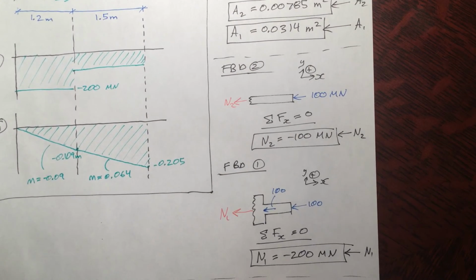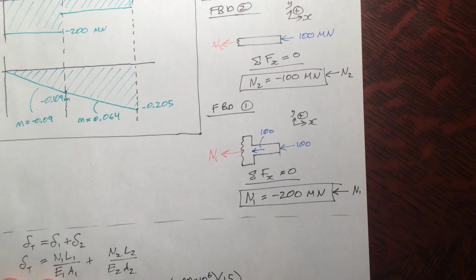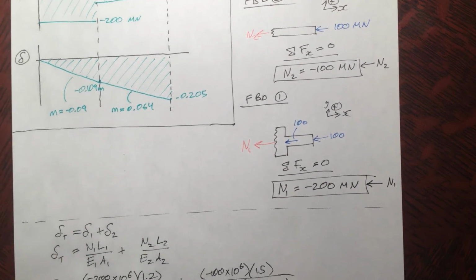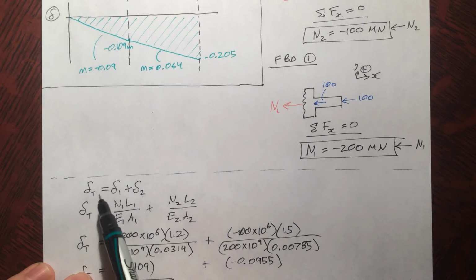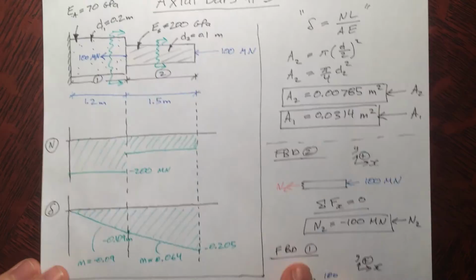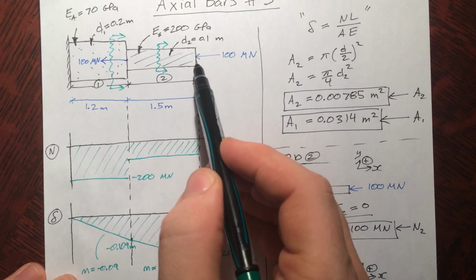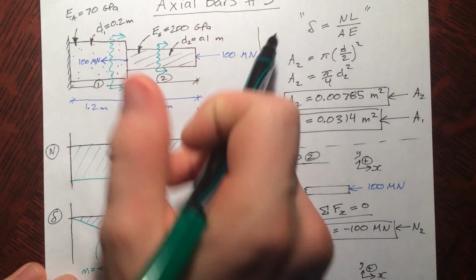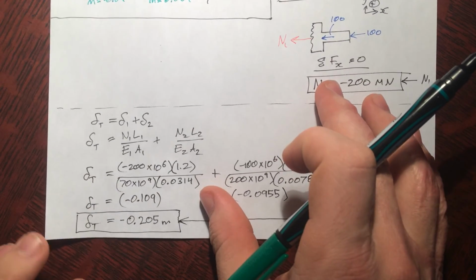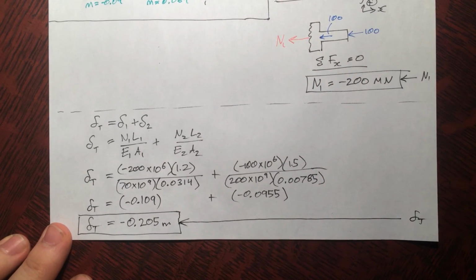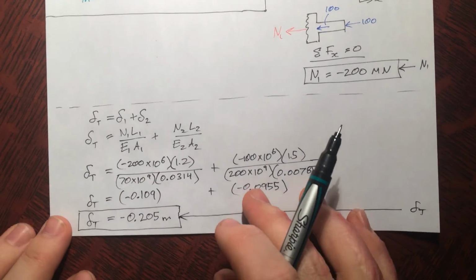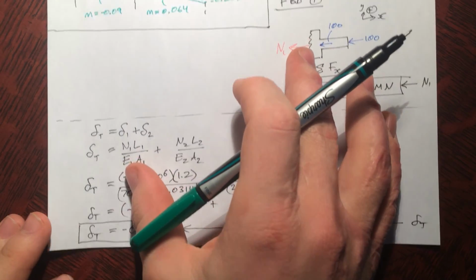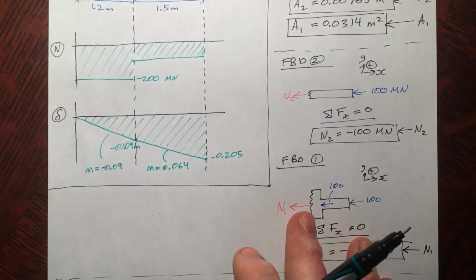We did our free body diagrams, neatly labeled the forces, summed them up, found the normal forces in each piece. We realized that the elongation was the sum of the individual elongations of each piece. So the elongation of this piece plus the elongation of that piece is the total elongation. And then we wrote each one out in terms of its individual parts, plugged in the numbers, and there we go, got that. And of course we graphed it, just like this.